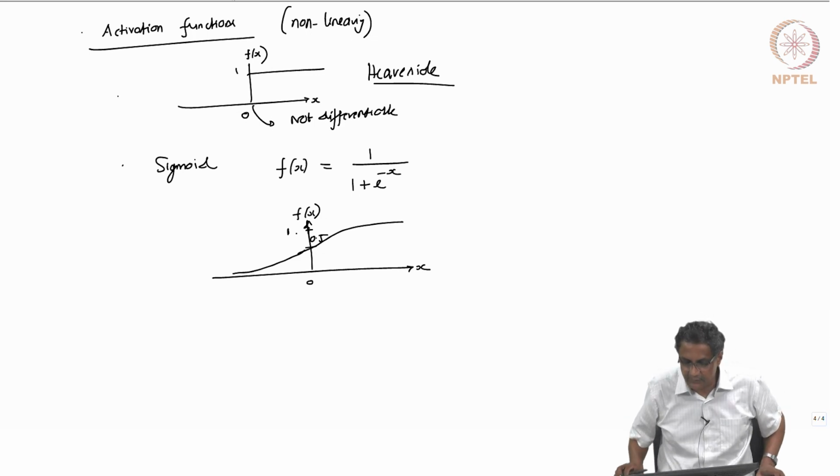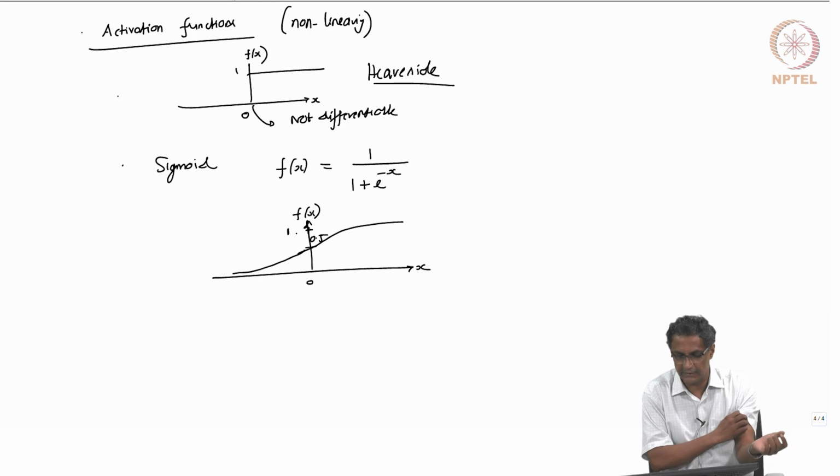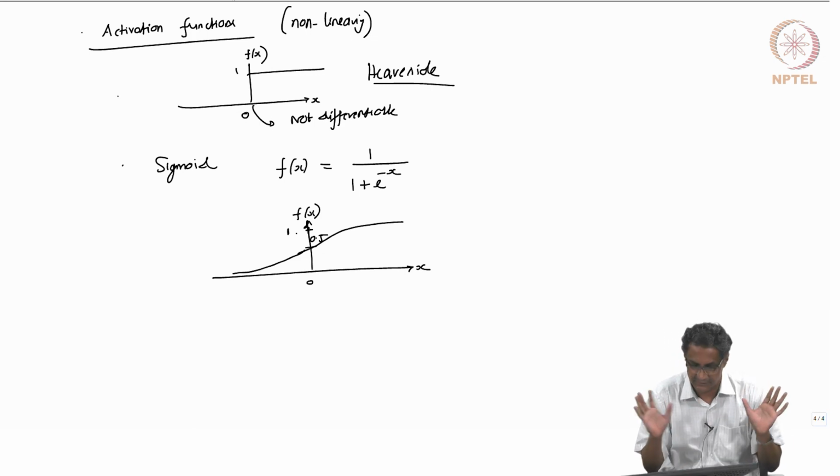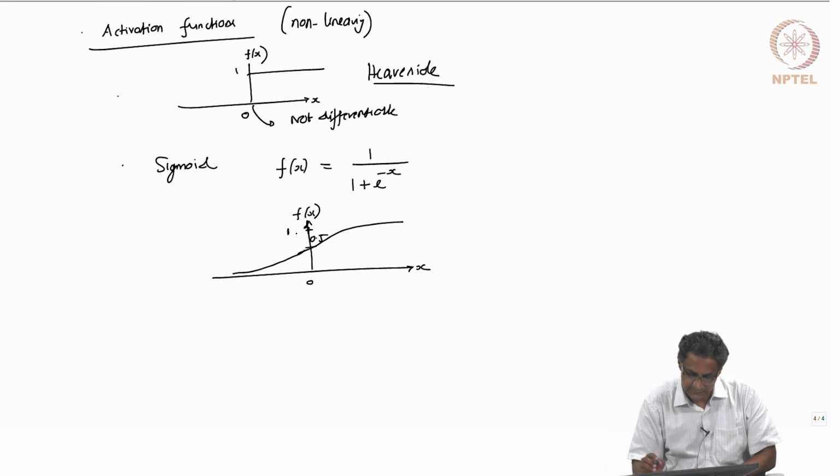It is nice because it gives you all values between 0 and 1, therefore it looks like a probability kind of thing. This looks like a nice thing to use because it takes values between 0 and 1. And f dash of x, what will that be?